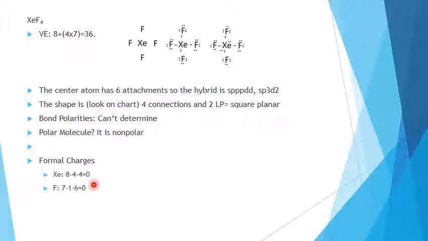All right, the formal charges: xenon is 8 minus 4 bonds minus 4 for the 2 lone pairs, which is 0, and fluorine is 7 minus 1 minus 6, which equals 0. Okay.